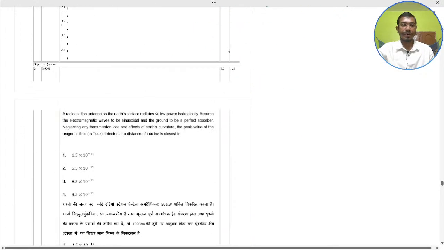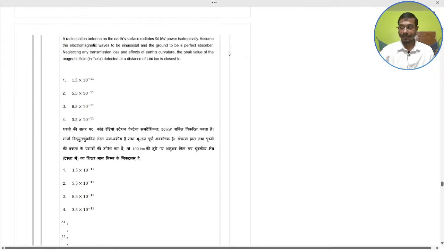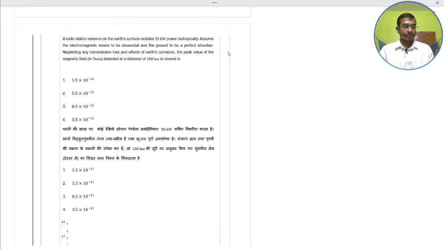Next, question number 58. A radio station antenna on the Earth's surface radiates 50 kilowatt power isotropically.